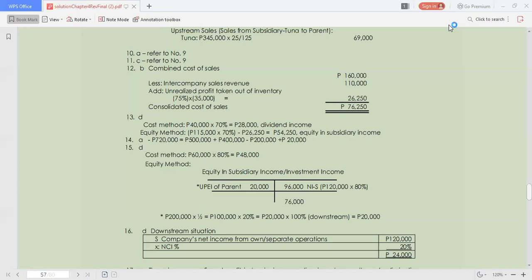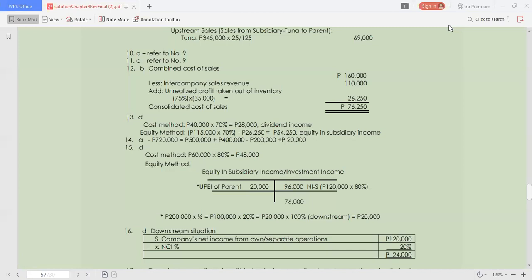Under the equity method, we have 115,000, the separate income of Weasel, and then we multiply it by 70%. That's the share of DAC in the separate income of Weasel.